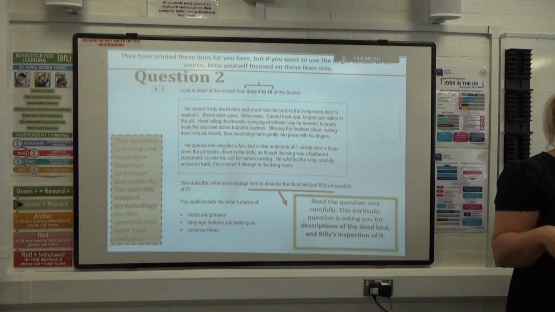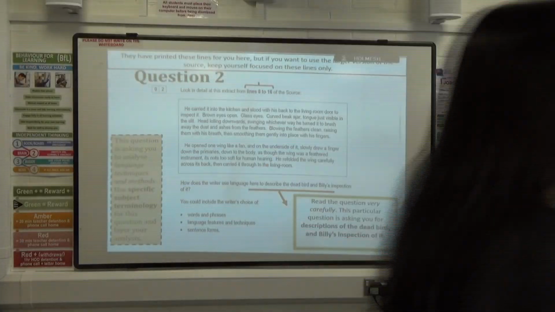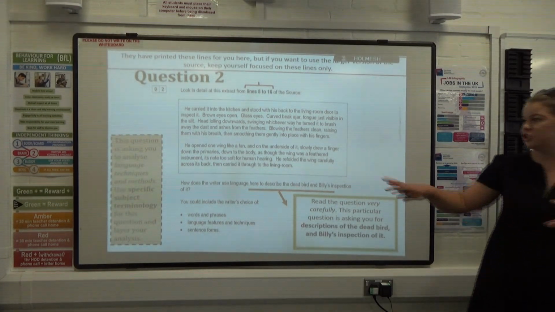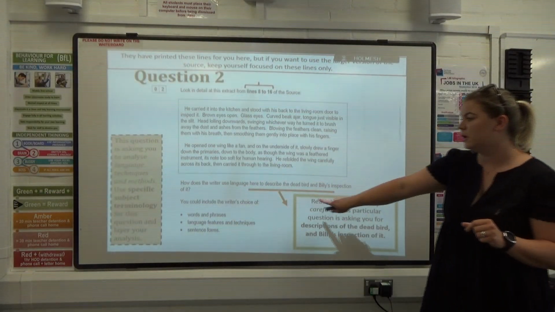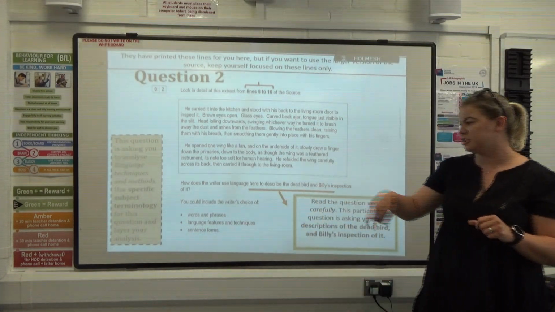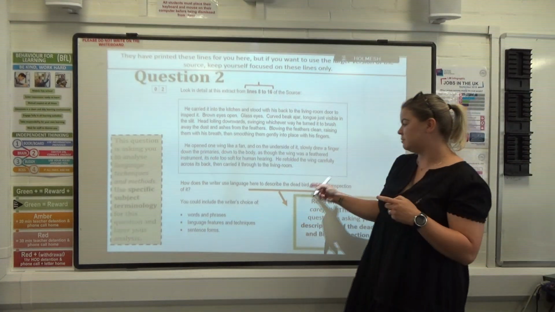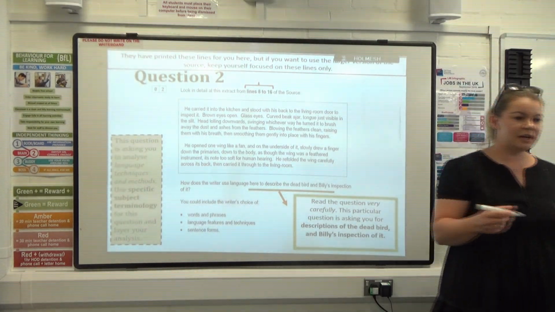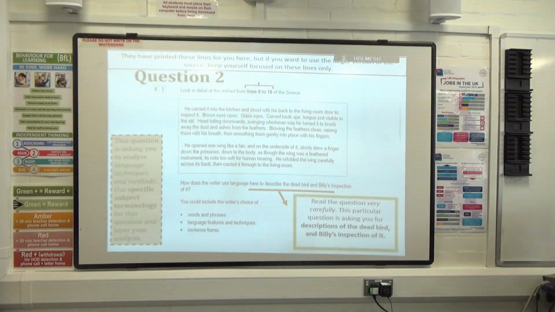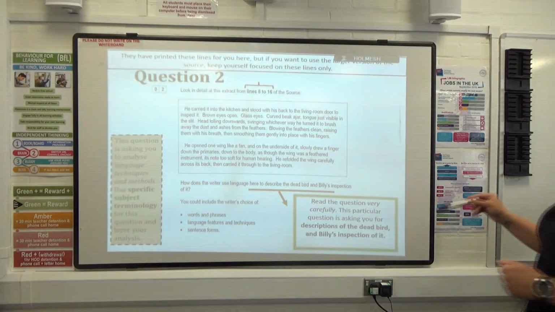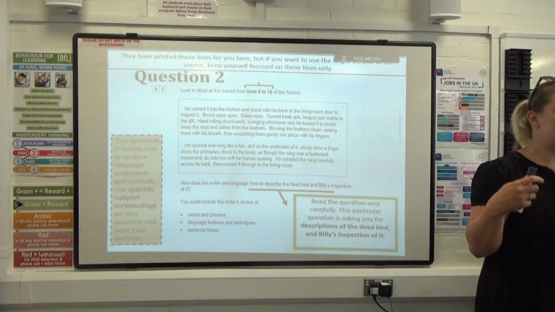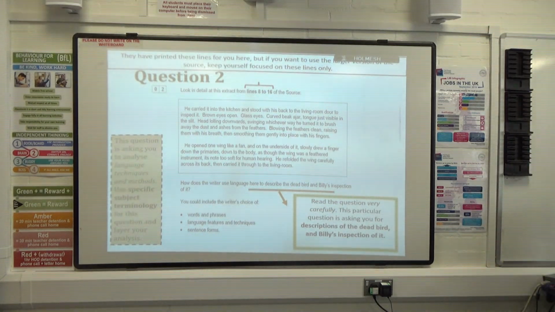We are not looking for, in this extract, for this question, any of the other lines. We're literally just looking at this part, and we're looking for how the writer uses language to describe the dead bird and Billy's inspection of it. So the first thing you're going to do is highlight examples of how the dead bird is described and highlight Billy's inspection of it, so how he examines it, how he treats it.